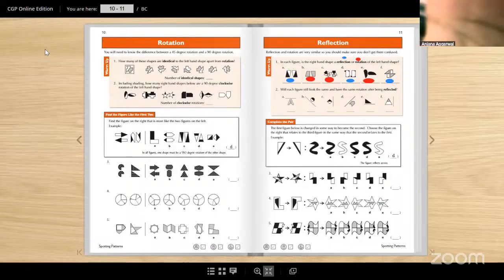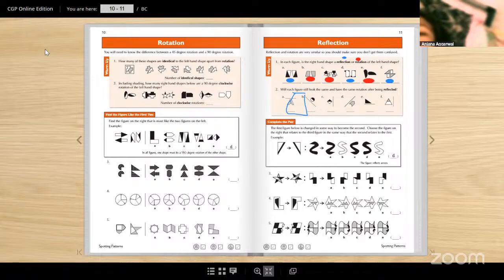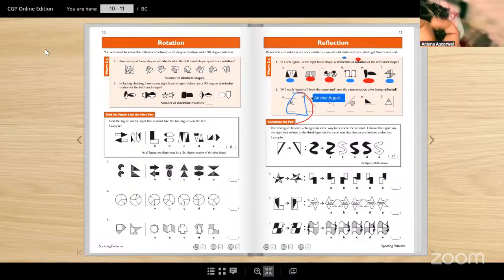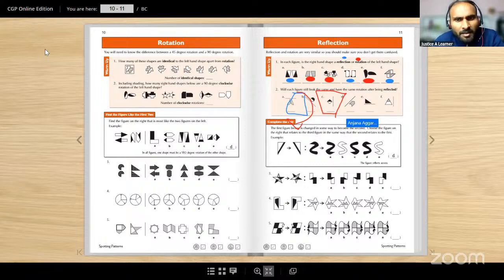So if this is the shape, and then next, if you rotate this 180 degrees, it doesn't matter which way, then it's going to look like that, that, and that. Do you understand the difference between a reflection and rotation? No.